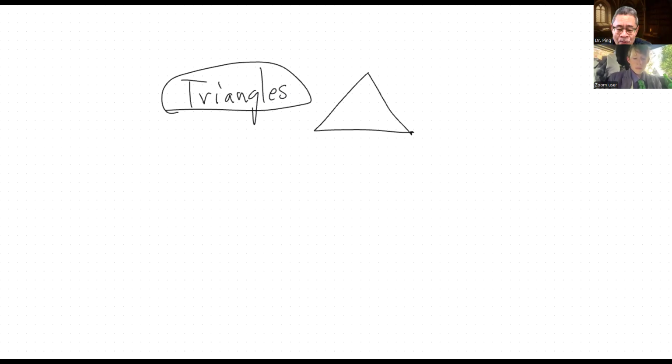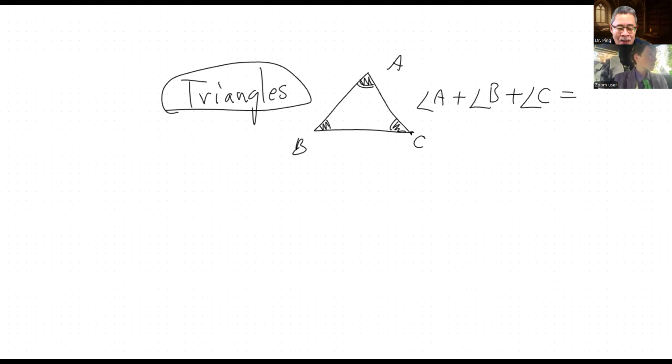If we add all three angles together, what will we have? So we got angle A plus angle B plus angle C is 180. And it doesn't matter what kind of triangles we're dealing with.